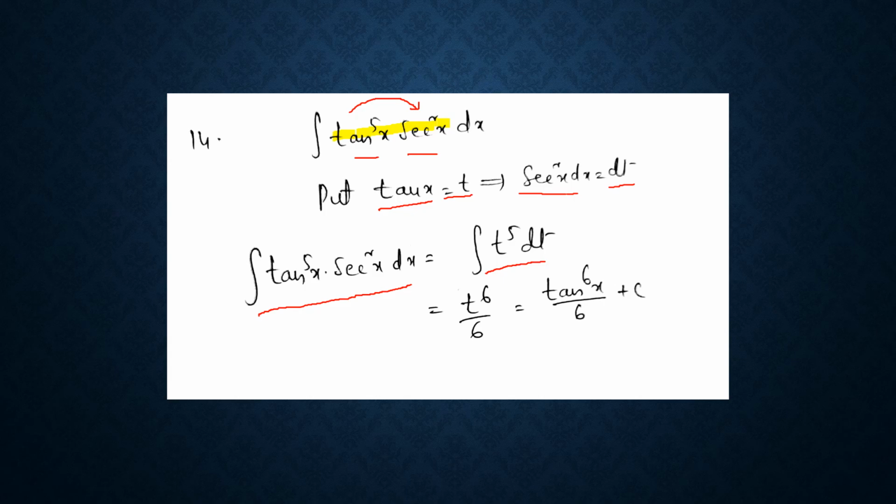That is equal to integral t to the power of 5 dt is equal to t to the power of 6 by 6, that is equal to tan x whole to the power of 6 by 6 plus c, which is equal to tan to the power of 6x by 6 plus c. So this is the answer.